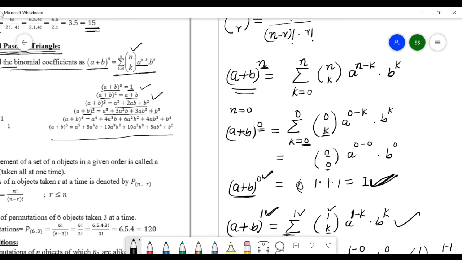Okay, and if you take a plus b power 4, so it is this by using the formula. Okay, and if a plus b power 5 using this, then it is this, right?